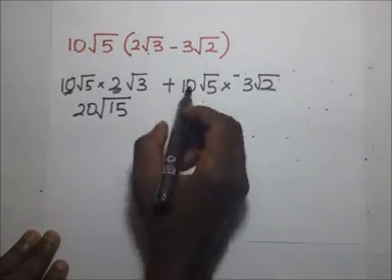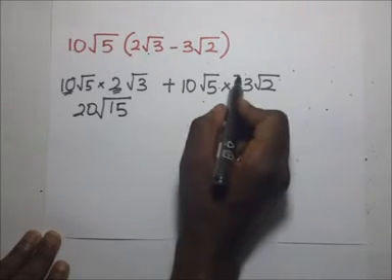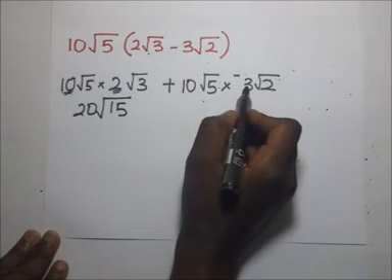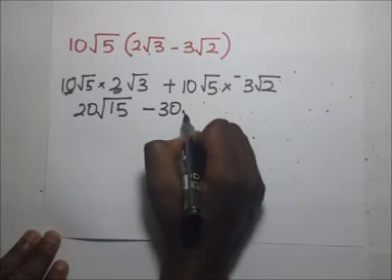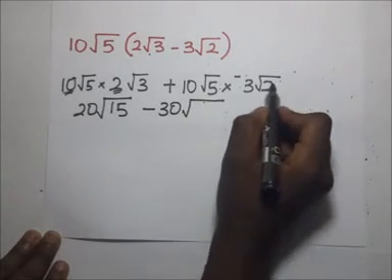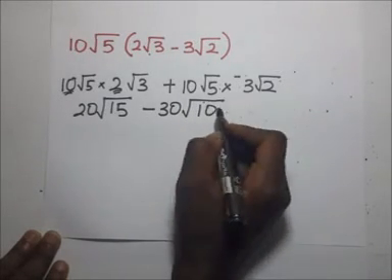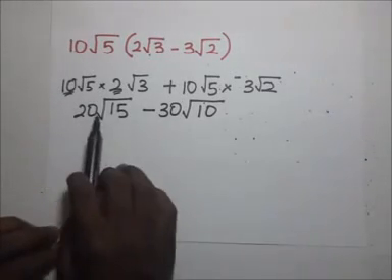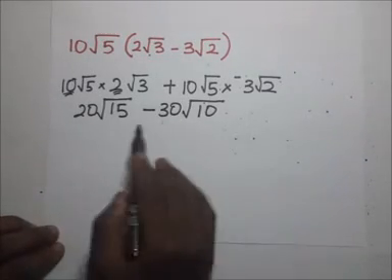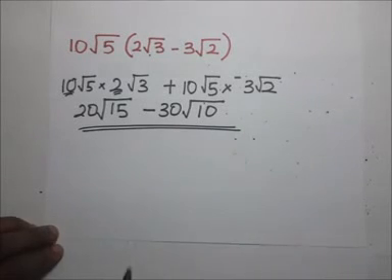So it is 10 times negative 3, which gives us negative 30. So it's minus 30 under the square root of 5 times 2, which is 10. And if you look at this closely, I think we can't simplify this any further. So that becomes our answer.